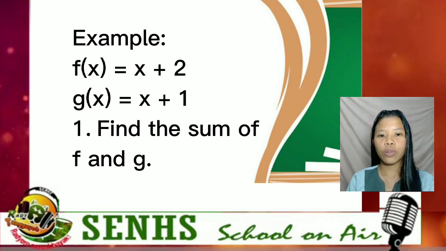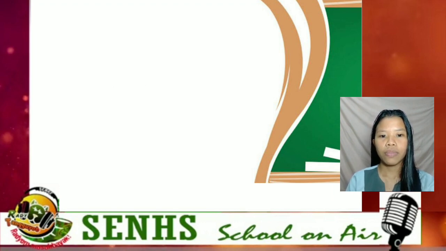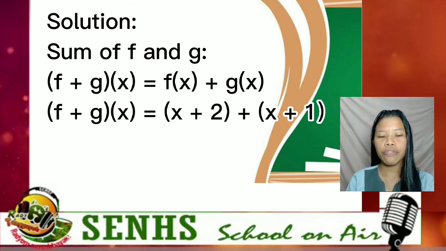f of x is equal to x plus 2 and g of x is equal to x plus 1. Number 1, find the sum of f and g. For the solutions, we have f plus g of x is equal to f of x plus g of x. Now we have to substitute our given to these formulas.